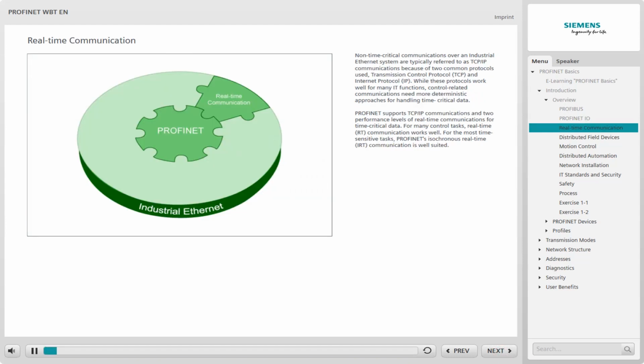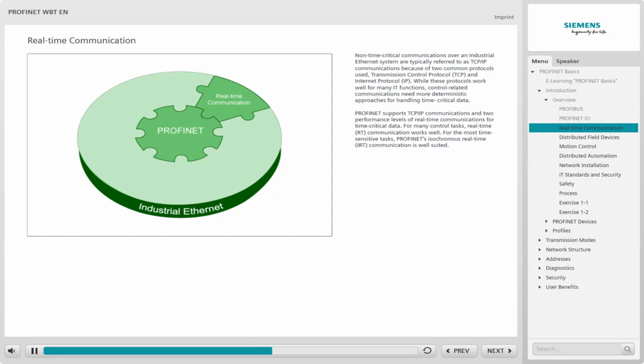A communication protocol is a set of rules or procedures for communicating. Non-time critical communications over an industrial Ethernet system are typically referred to as TCP/IP communications because of two common protocols used: Transmission Control Protocol, TCP, and Internet Protocol, IP. While these protocols work well for many IT functions, control-related communications need more deterministic approaches for handling time-critical data.